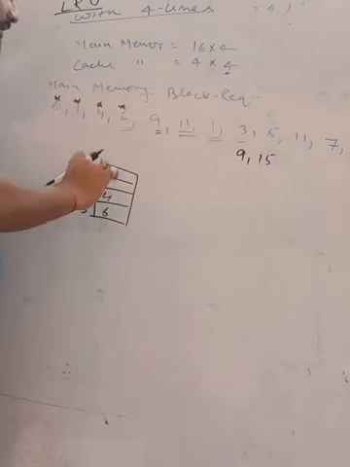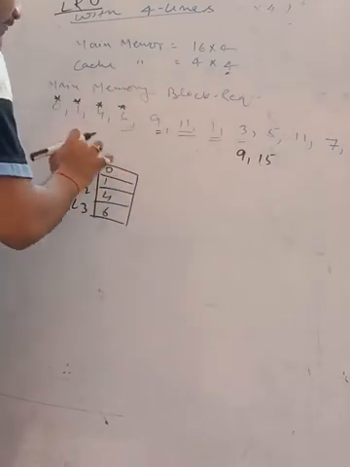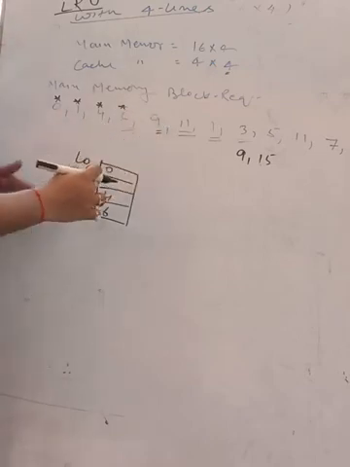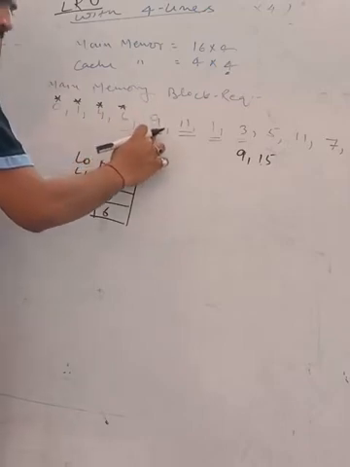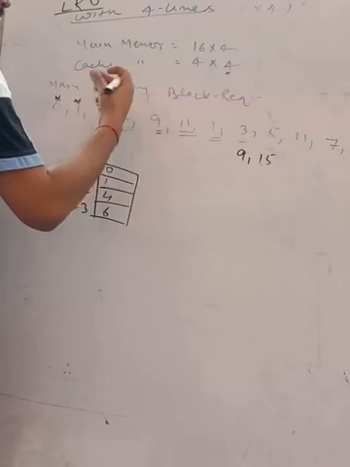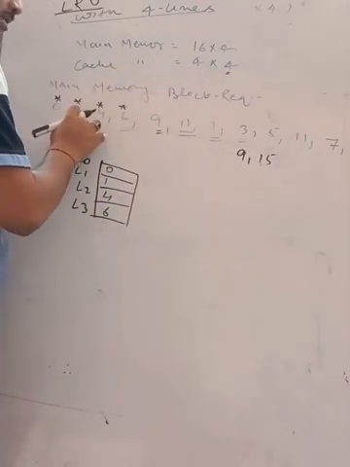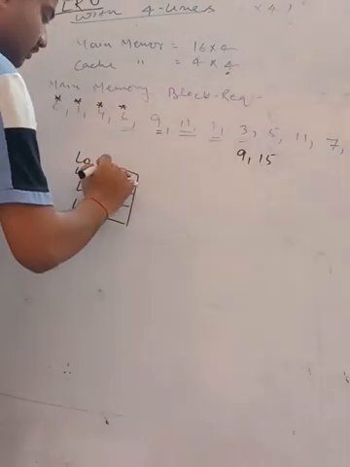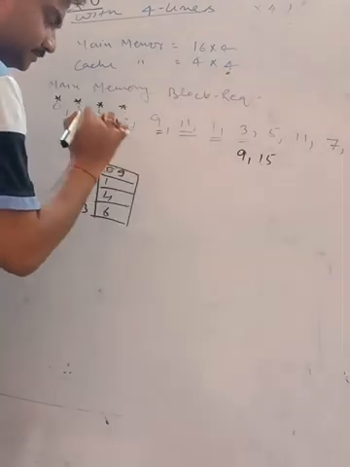So here we check which reference has the most distance from 9. 6 is nearest to 9, 4 has some distance, 1 has more distance, but 0 has the most distance from 9, so we will replace 0 with 9.